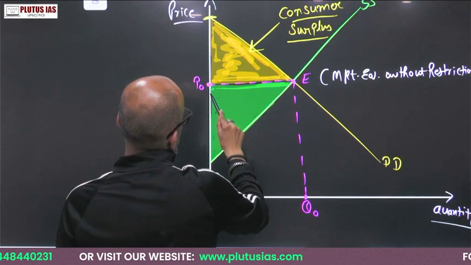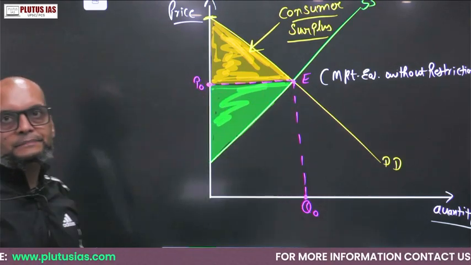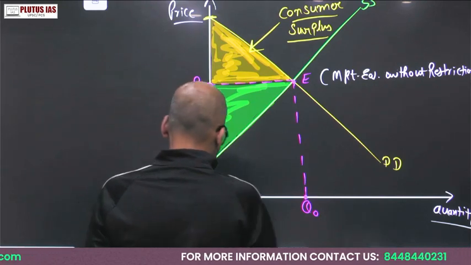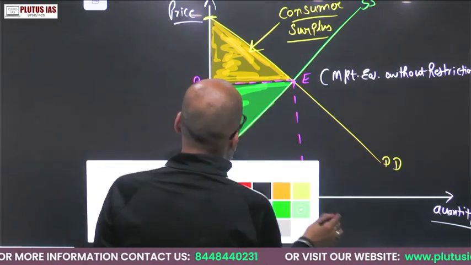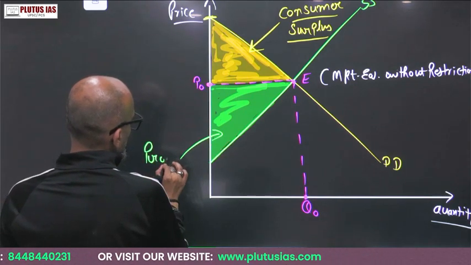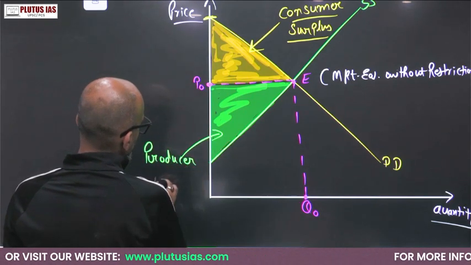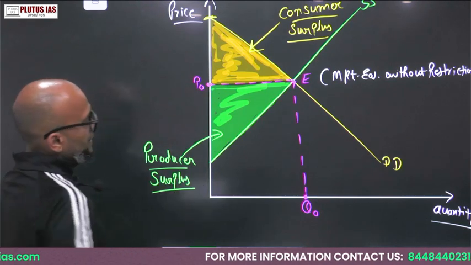This green color shaded triangle. Now this green color shaded triangle represents producer surplus. This is your producer surplus. What do we mean by producer surplus?